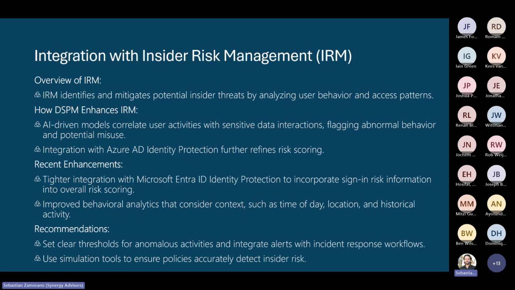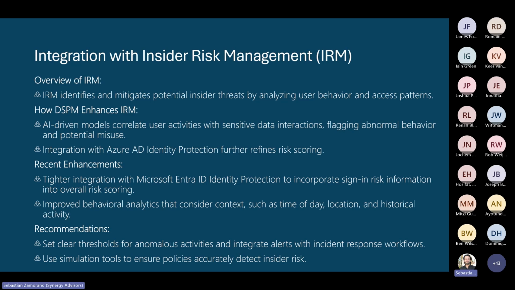Inside Risk Management, I believe this is a big game changer. Again, I will need to do a webinar about this one, because inside Risk Management you set this adaptive scope. We will review a quick overview of that. Part of those adaptive scopes are related to risk on Microsoft Entra.